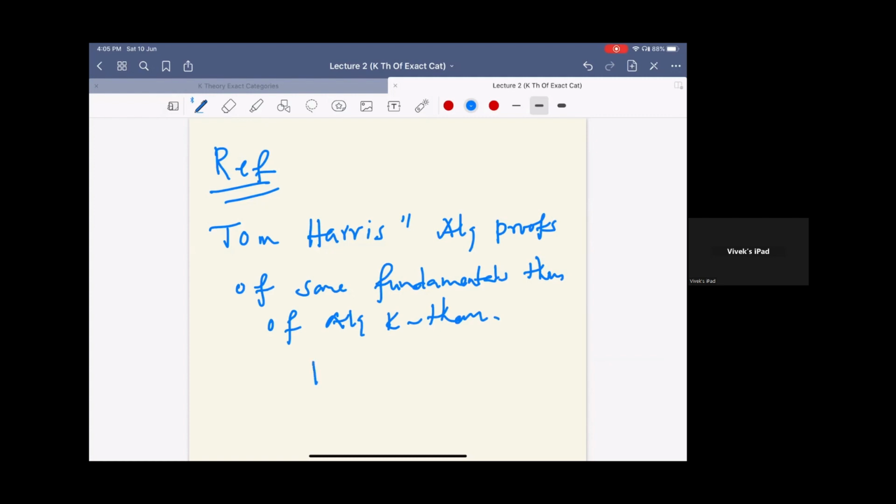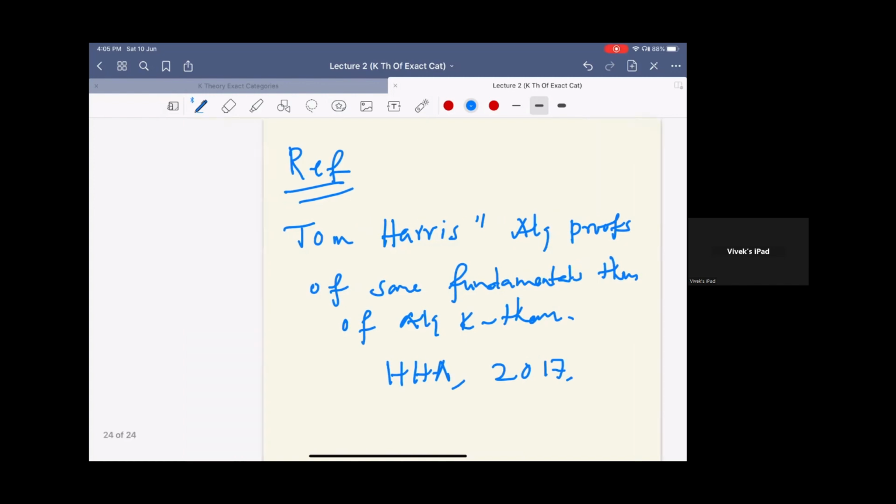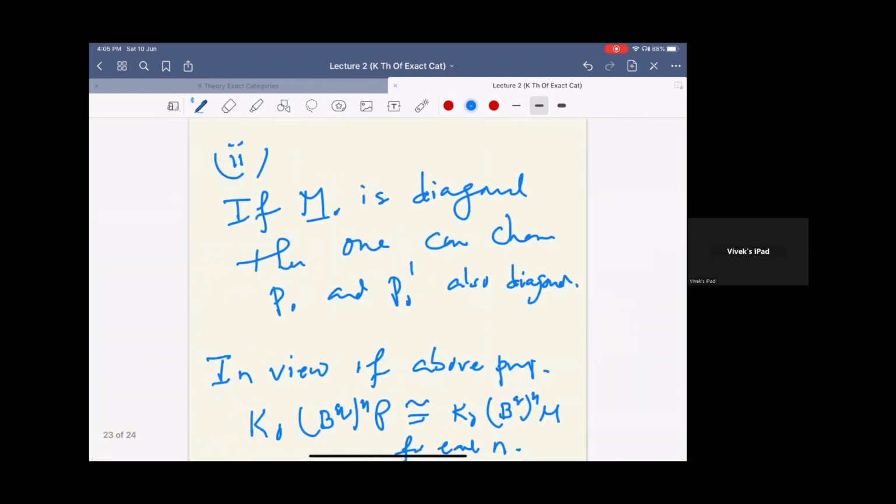That appeared in HHA, Homology, Homotopy and Applications, I think maybe 2017 or 18, I don't remember the year. You can look at this paper. Whatever proof I explained mostly comes from there. All right then. Thank you very much. I'll stop here.